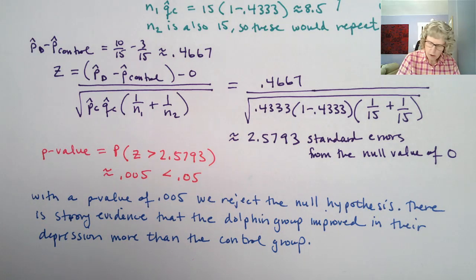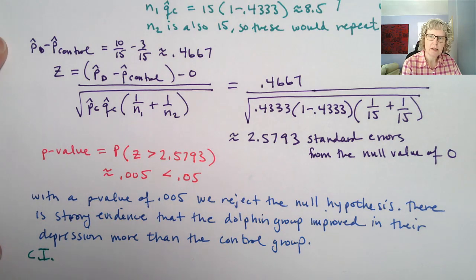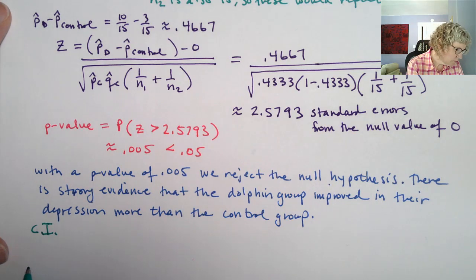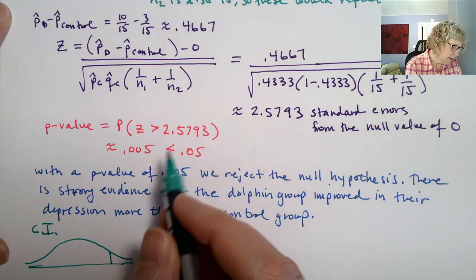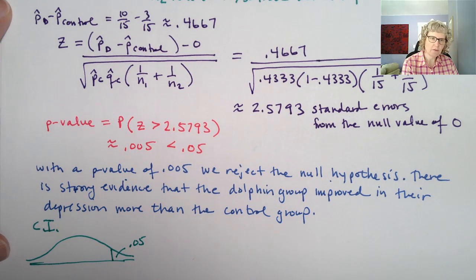First of all, we've got to figure out what our confidence level would be that matches this test. So I like to draw a little picture. We have a one-tail test. We had a right tail test, and I just used 0.05 for the significance level.